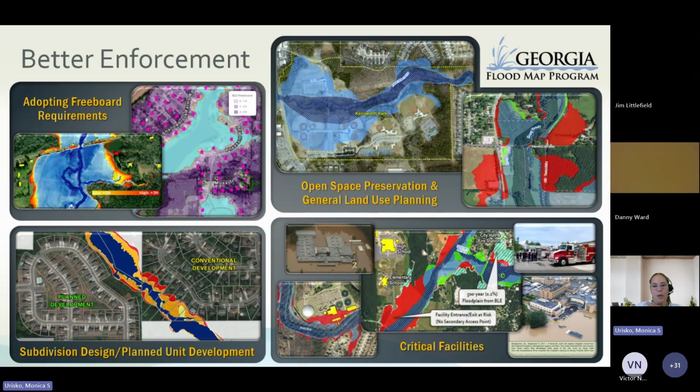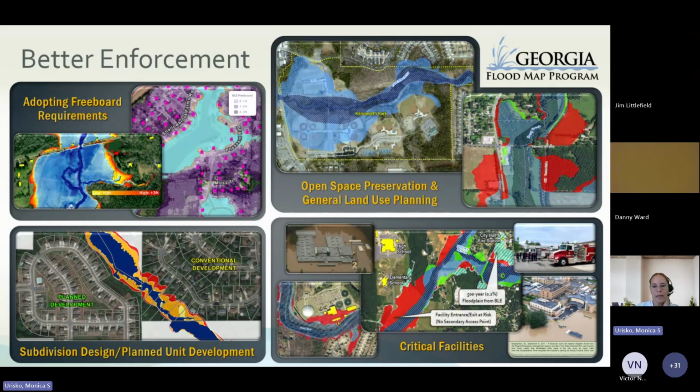So if your ordinance includes freeboard requirements, this layer is going to be very, very useful for you. Also, if you're inclined to add that to your ordinance, the tool is there for you to be able to find out what areas are in those +1, +2, +3 feet of freeboard.